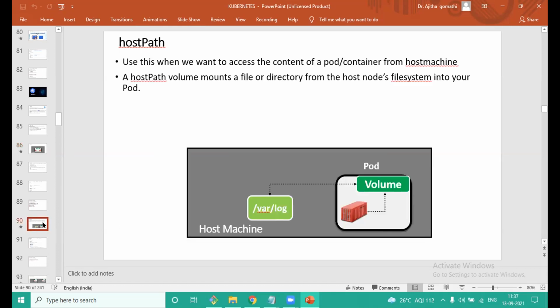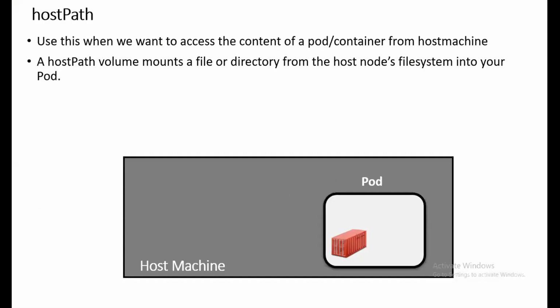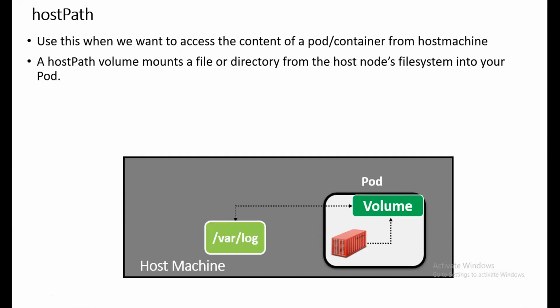Now, let's talk about the other type, wherein similar to how we had in Docker, we now know if you want to map the volume coming from a container or a pod to a host machine, then by default, the machine in which the pod is running is where you are going to see this particular folder being mounted. So in Kubernetes, there is a volume of the type called hostPath.